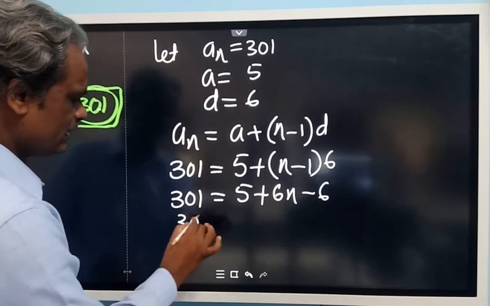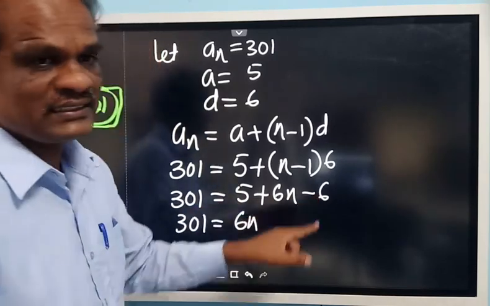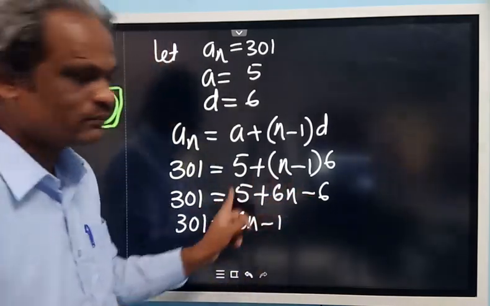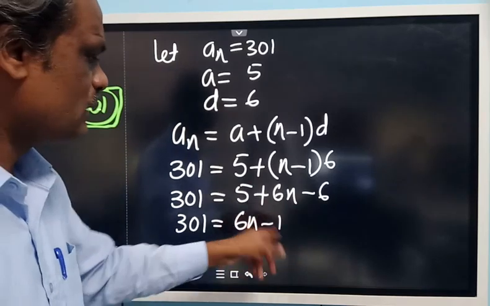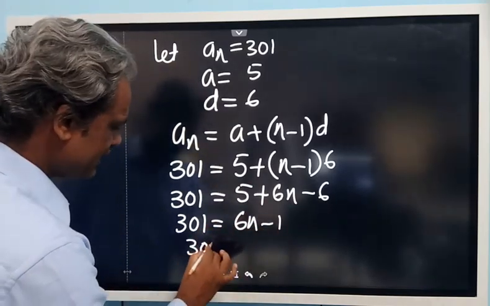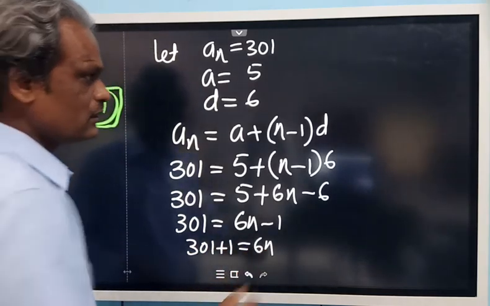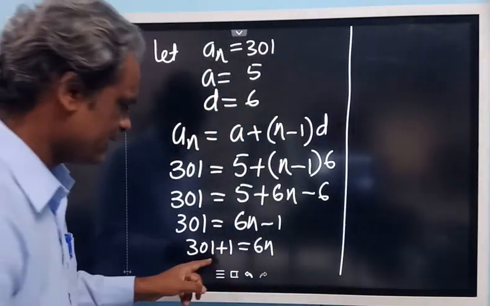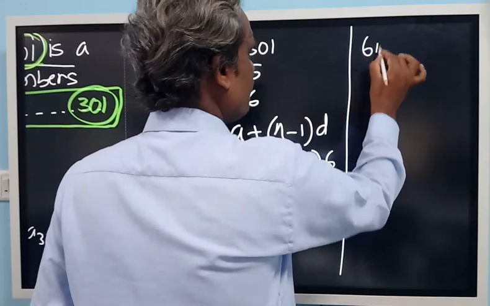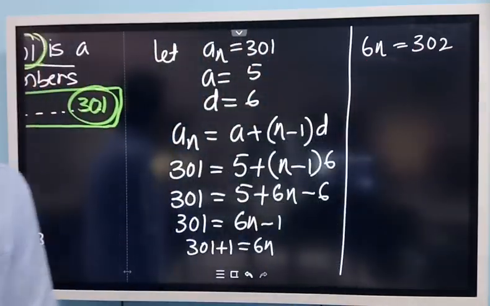Now 301 is equal to 6n, 5 minus 6. The negative number is greater, therefore you write minus 1. Minus 6 plus 5 gives you minus 1. Transfer this minus 1 to the left hand side. 301 plus 1 is equal to 6n. So 6n will be equal to 302.